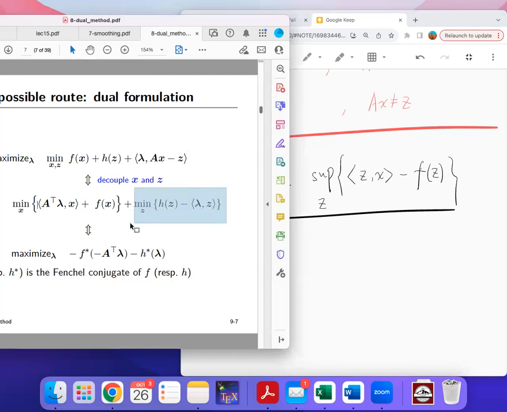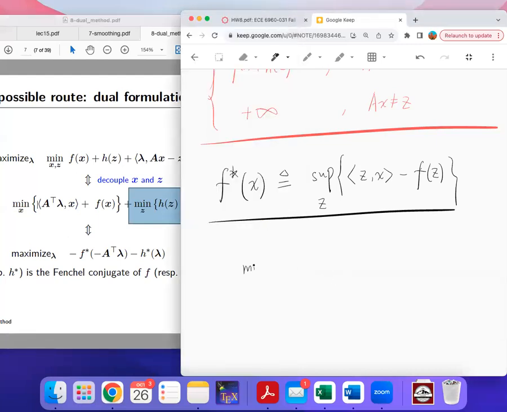Then, for example, the second term can be viewed as negative h conjugate of lambda, because the minimization of h(z) minus lambda z is the negative of the maximization of lambda z minus h(z).